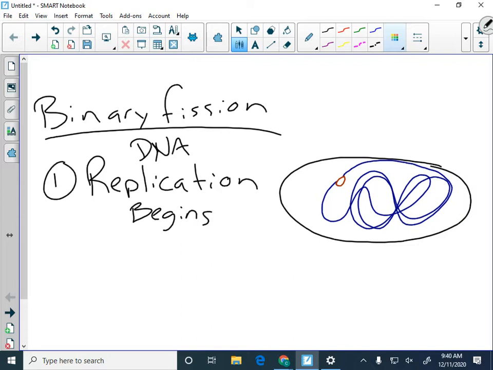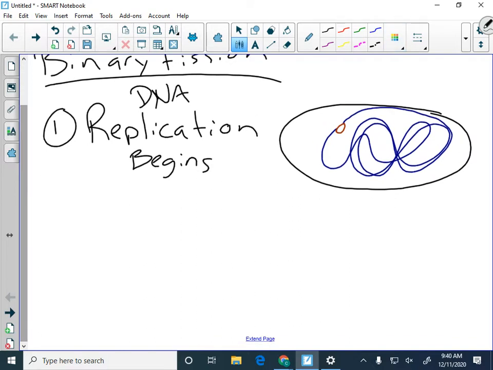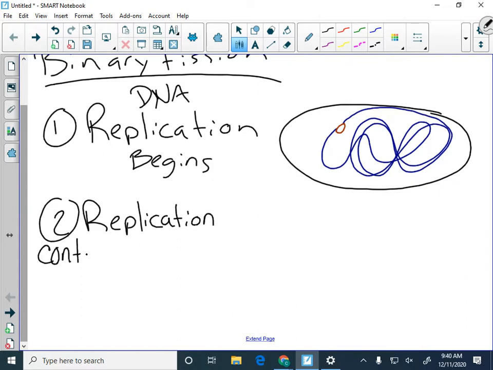So that is step 1. Step 2 is replication continues and the cell elongates.